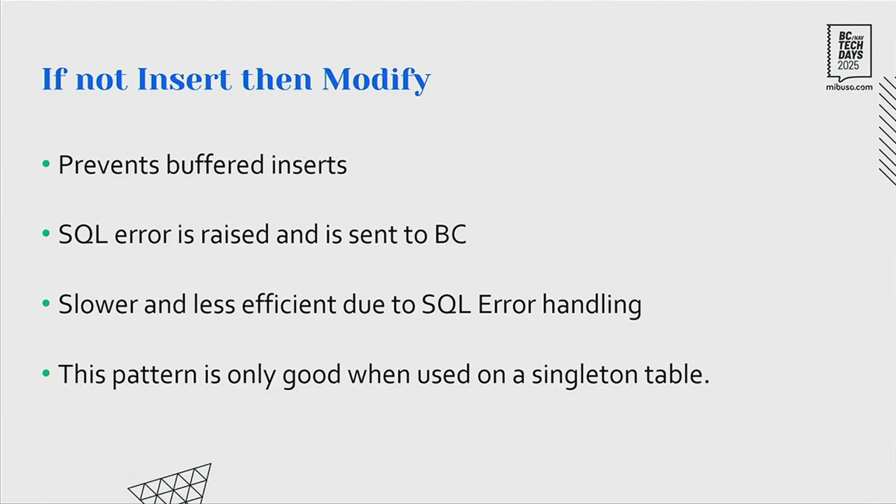We will see also graphically what happens. And it's mainly due to that reason of SQL error handling. And the pattern is not bad, but if you use it on non-singleton tables, it's, so to say, bad. But if you are using it for setup tables, so the tables which are singleton tables, it's highly recommended, of course. We are speaking just about the tables with some records in it, and you made mistake and the first query just isn't successful.